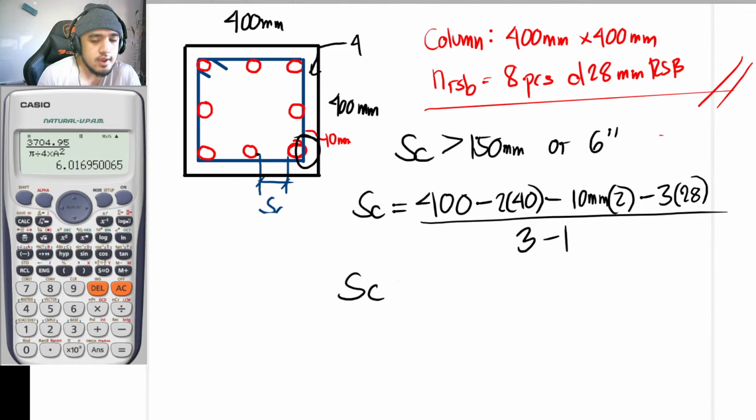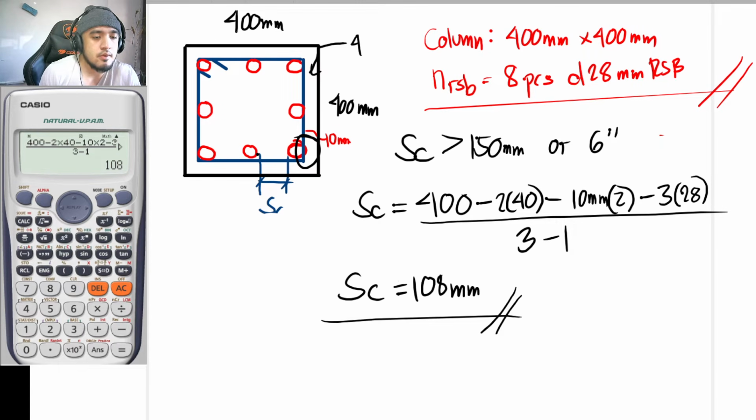So with that, our Sc is now to be equal to, looking at the calculator to your left once again, 400 minus 2 times 40 minus 10 times 2 minus 3 times 28, divided by 3 minus 1, and my answer here is to be 108. So 108 mm. Okay. So 108 mm, and as you can see, this is to be less than 150 mm.